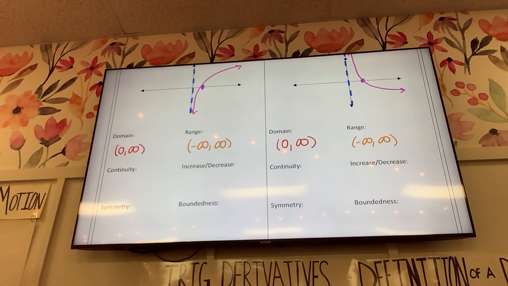The continuity, it is continuous on your domain. So there is a domain restriction, but on that domain, you will be continuous. So whatever your domain is, that's where you're going to have continuity.